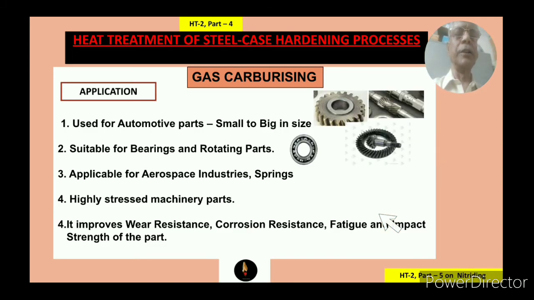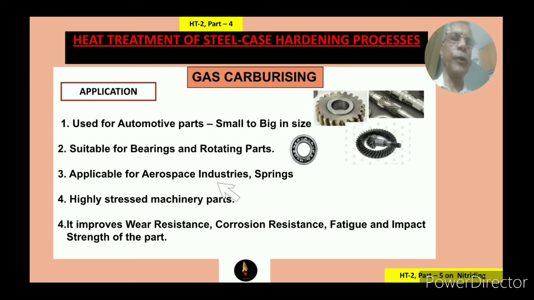Now I'll go for the application part. It is used for automotive parts, small to big sizes. I have just shown you different parts suitable for bearing and rotating parts also, like this ball bearing and this crown wheel pinion, which I have shown here. So these can be used.